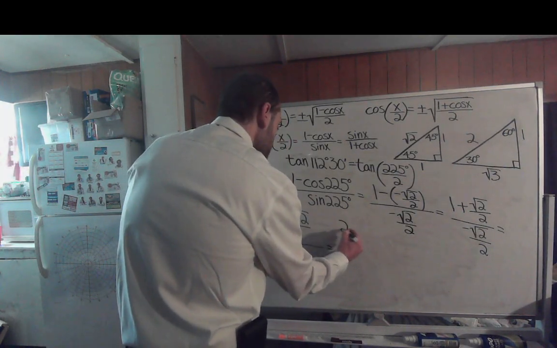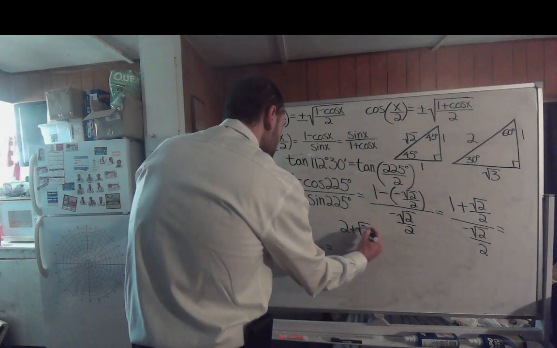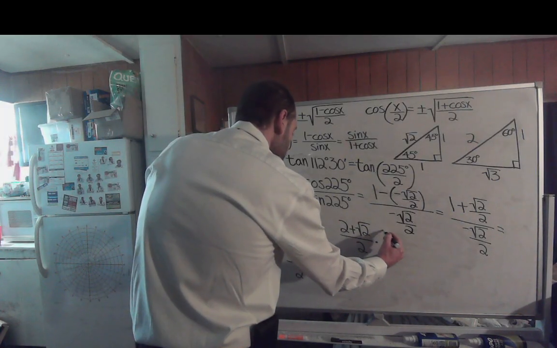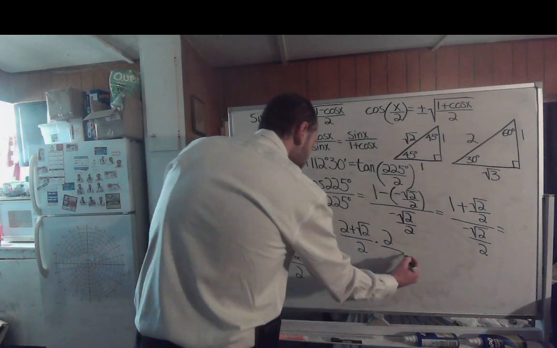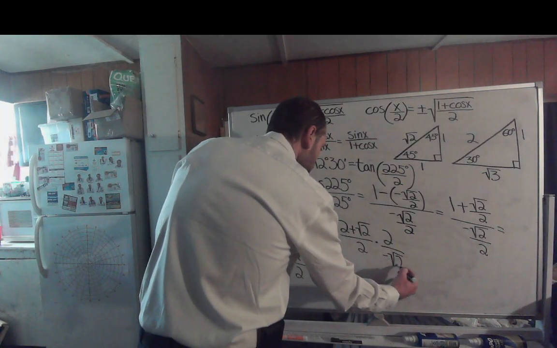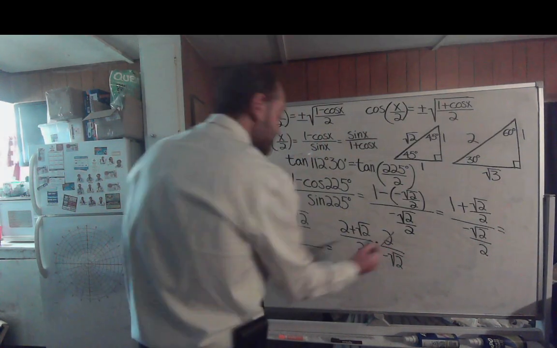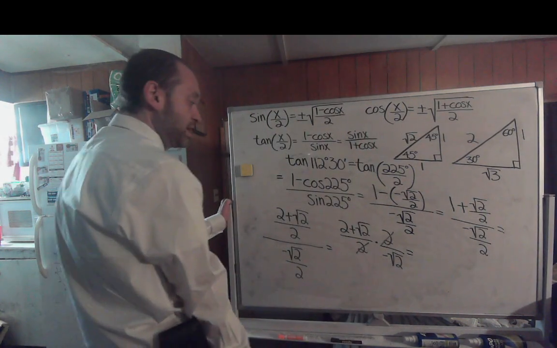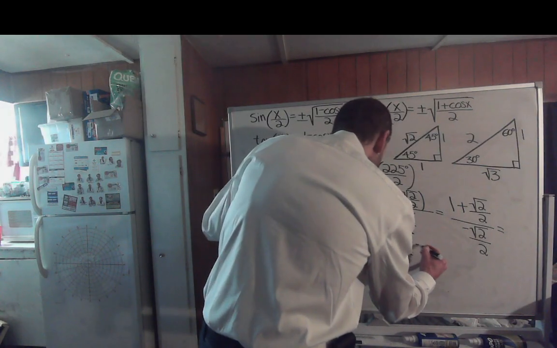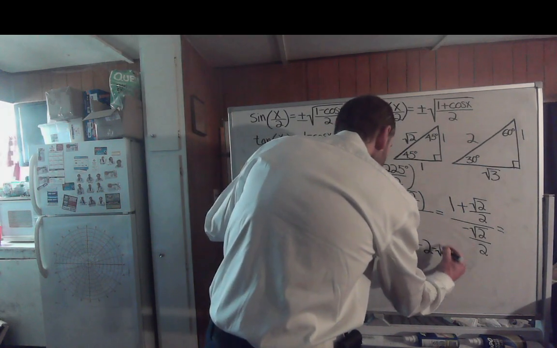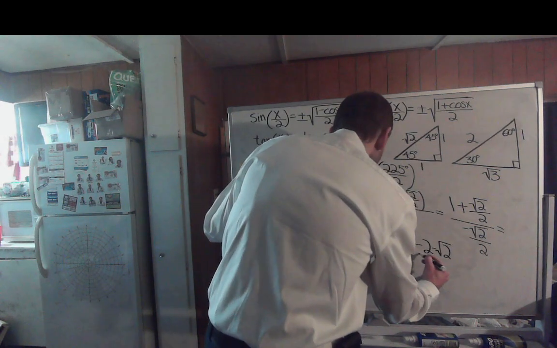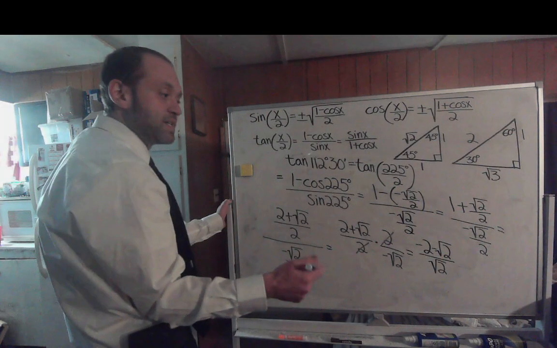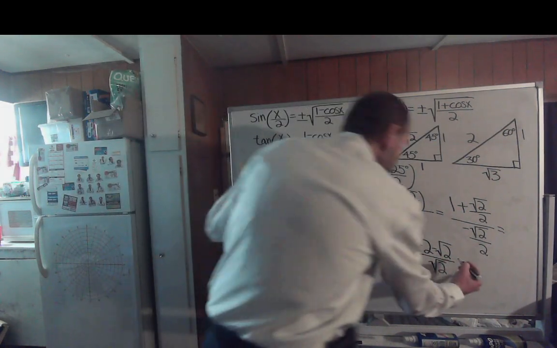So you'll get 2 plus the square root of 2 all over 2, times 2 over negative square root of 2. Okay, well, the 2's at least cancel out. You're going to end up being left with negative 2 minus the square root of 2 over the square root of 2, but we should probably rationalize the denominator, shouldn't we?